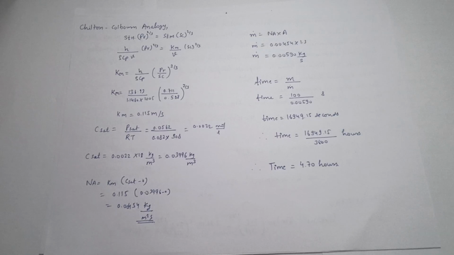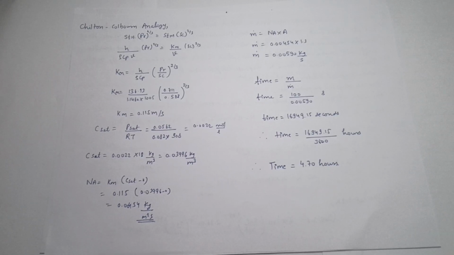Hence, this is the solution to this problem where we applied the Chilton-Colburn analogy. A few points which we need to remember while doing the calculations, where generally mistakes can be made, are using the correct analogy as well as using the correct value of DAB at 35 degrees Celsius, since in the problem it is mentioned at 40 degrees Celsius.